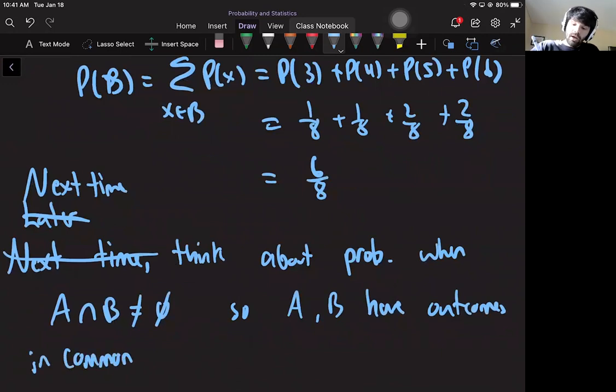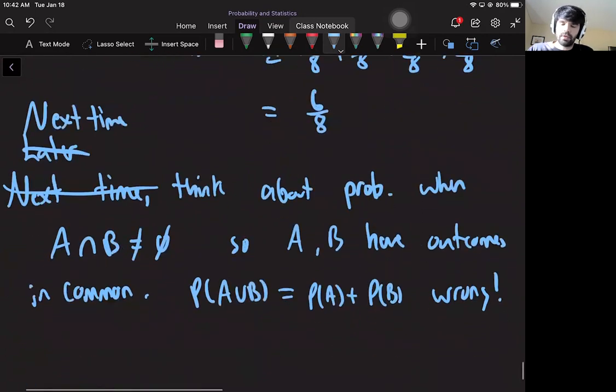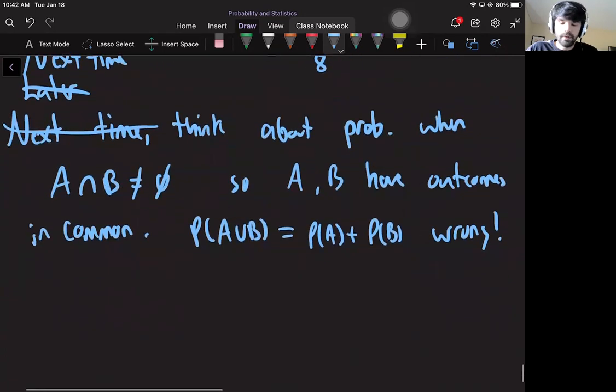So when they have things in common, you can't just do this anymore. It's going to be wrong. And that's because you're sort of going to be double counting for the things that are in the overlap.